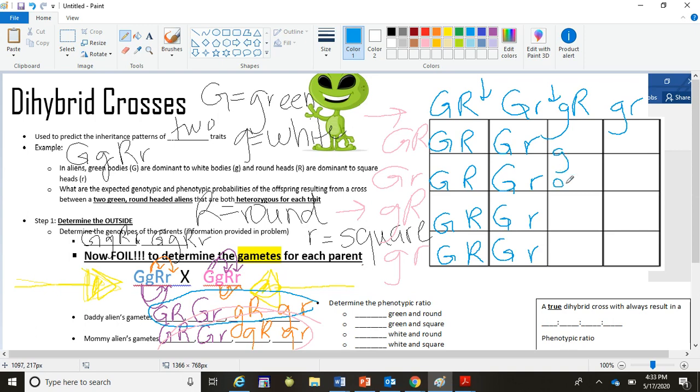Then I bring the lowercase g down, leave a space for mom, and so on with lowercase r. Now mom's come across, so she'll have the capital G and the capital R, capital G, and again, if I were writing this on paper, I would rewrite it to have the capital R first.